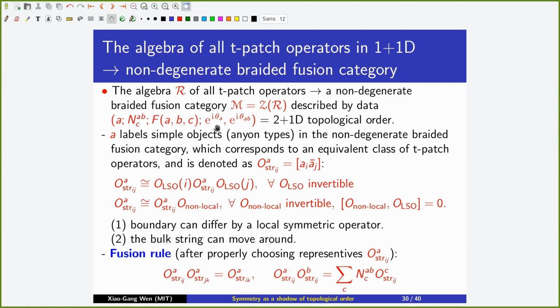All this can be computed from these transparent patch operators. So this way, we derive from operator algebra the so-called scary-named non-degenerate braided fusion higher category. If I do everything completely, we can get this, but we can only do it in 1+1D. So from the 1+1D example, you can already see some pictures.